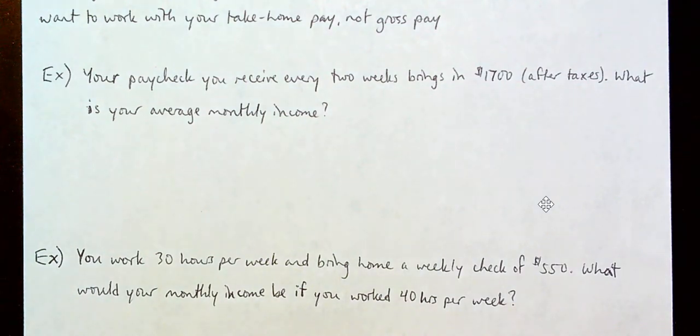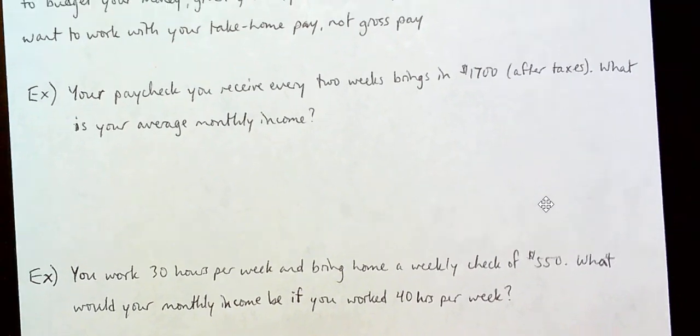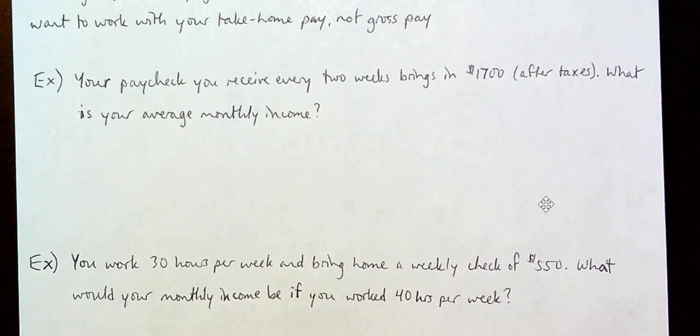So here, the paycheck you receive every 2 weeks brings in $1,700. This is after taxes. What is your average monthly income going to be? So every 2 weeks, or every 14 days, you're going to get a check for $1,700.